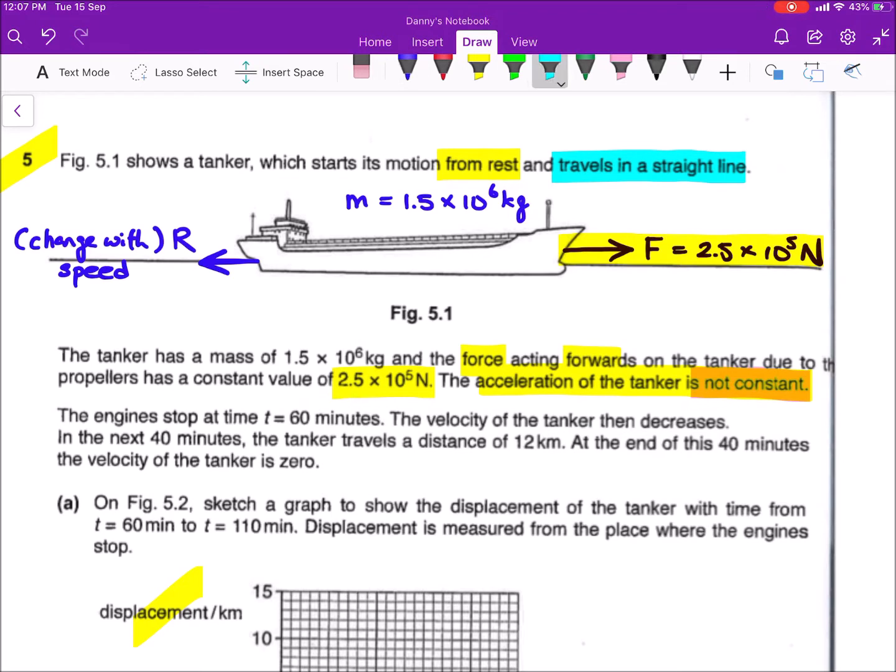If you create this mental picture in your head, then very likely you will see that your F net consists of two forces: F, the forward force, plus the negative R. Since F net is given by the second law, m times a, the right hand side is F minus R. Since R is changing, this will result in your acceleration being not constant. So just from these two lines, I can extract this much data.